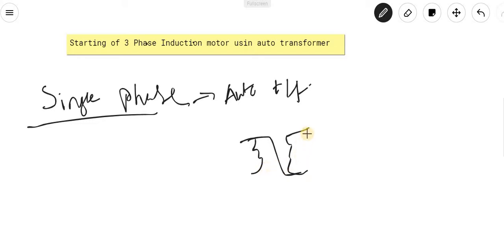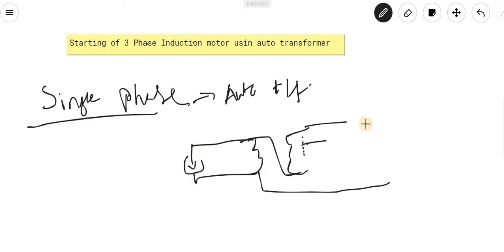If we short the two windings, then this winding point is variable, so this winding may be the supply and this winding may be for the load.